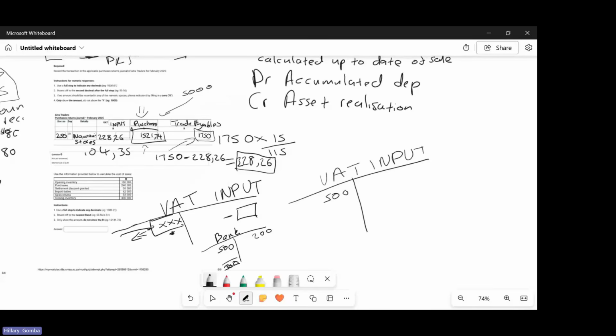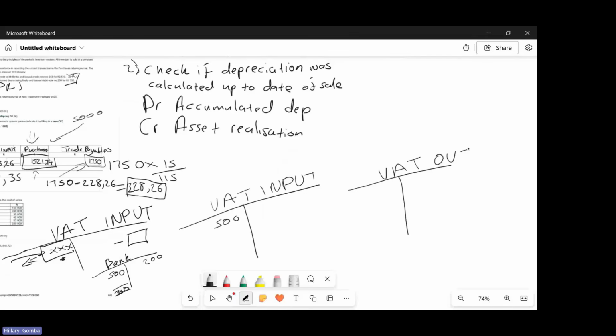And then we have your VAT output, which is dealing with you selling goods on credit or cash, whatever the reason is. So if I bought goods on credit and accounted the VAT input, and then I return goods, is it VAT output being affected, or is it VAT input, where I just have to simply subtract the goods that I sent back?